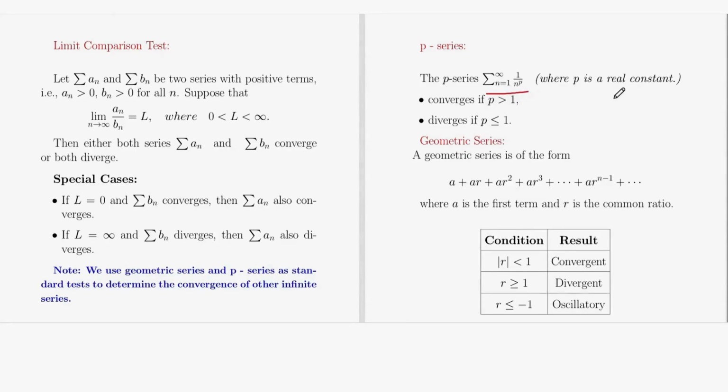P is a real constant. From the knowledge of P, we can conclude the behavior of this series. If P is greater than 1, then the given series is convergent. And if P is less than or equal to 1, the given series is divergent. Got it?